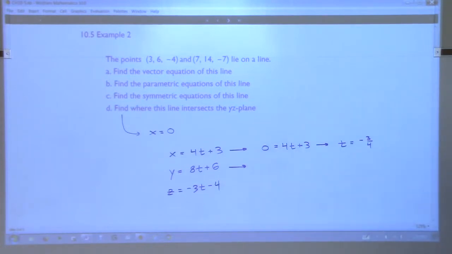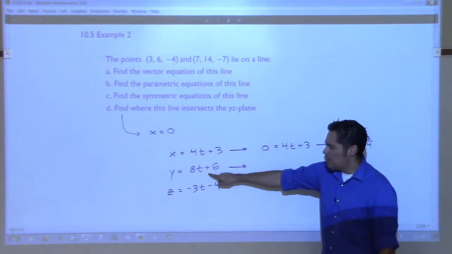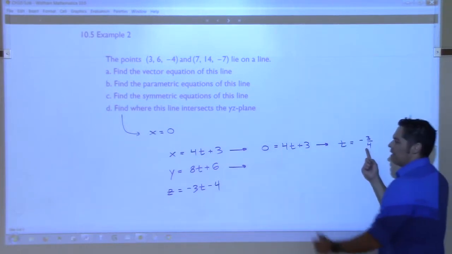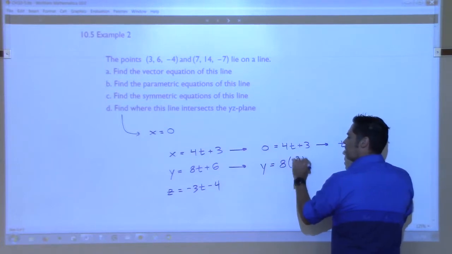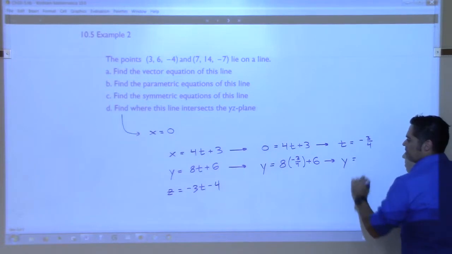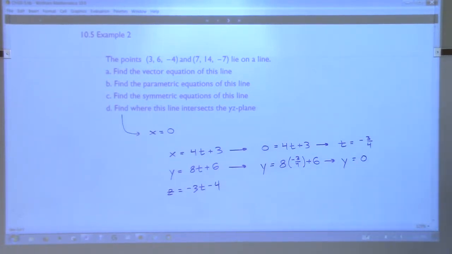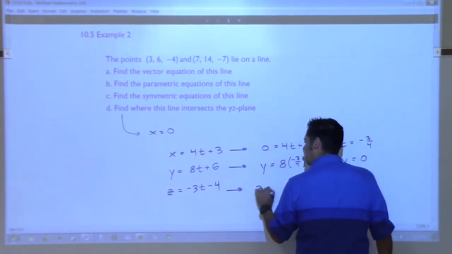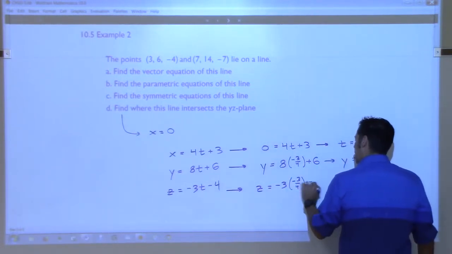So we're trying to solve for y. We have t, so t is negative 3/4, so y will be equal to 8 times negative 3/4 plus 6, which means that y is equal to 0. That worked out nice. And then coming in here, z is equal to negative 3 times negative 3/4, and then minus 1.